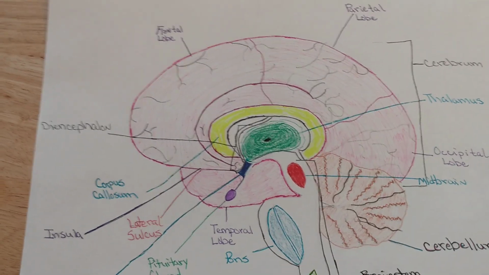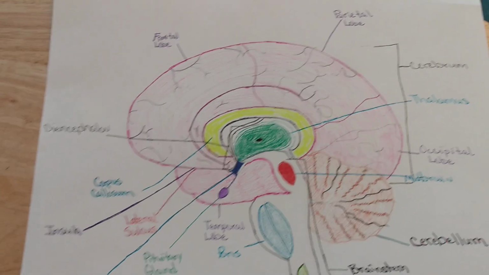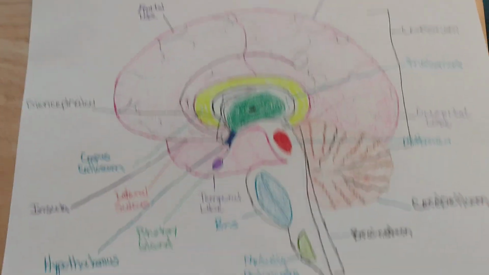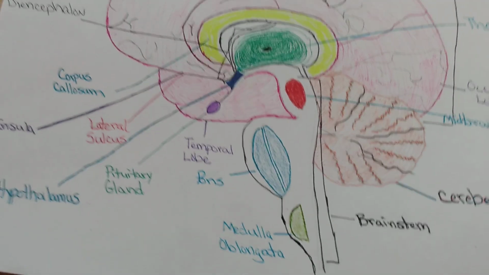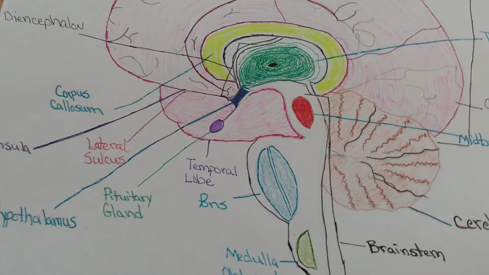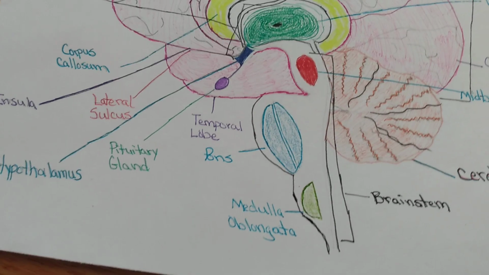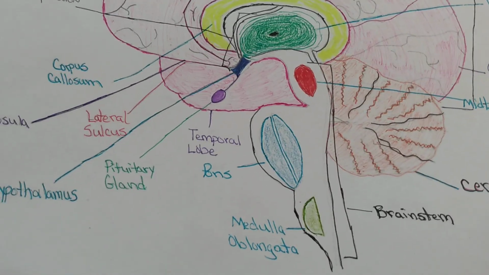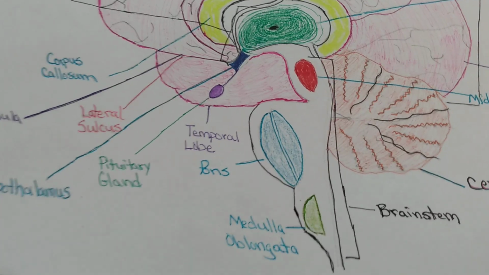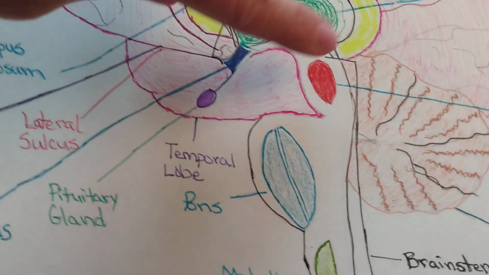Now, there are four main regions of the brain. In this drawing, you can see I have the brainstem. The brainstem is the lowest portion of the brain and is continuous with the spinal cord. It has three major areas: the midbrain, which I have indicated in red.